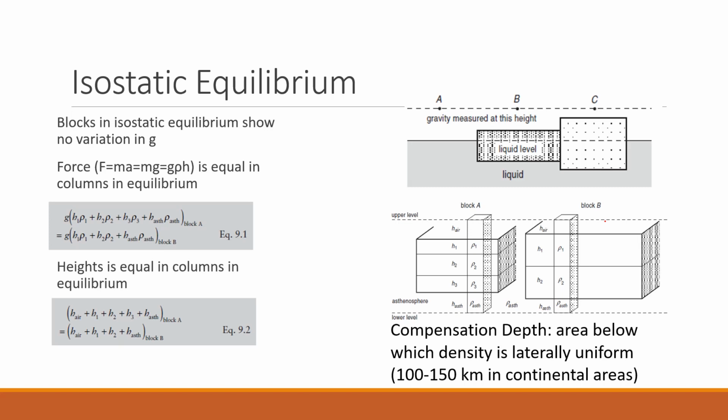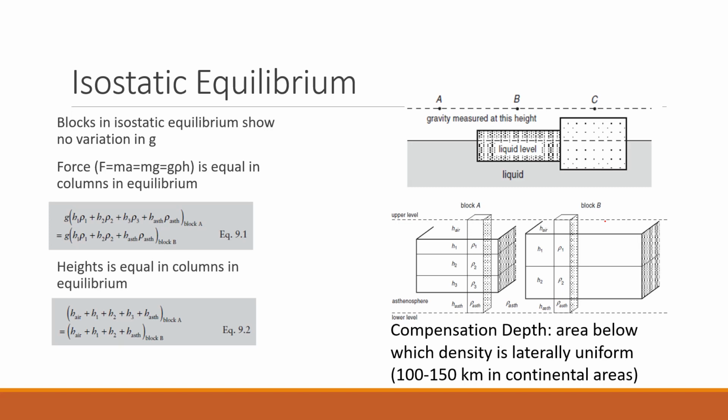So we have support for the elevation we see at the surface by something in the mantle. That support can come in two different ways. It can either be due to density contrasts, so basically we have less dense material supporting the elevation, letting it float higher.